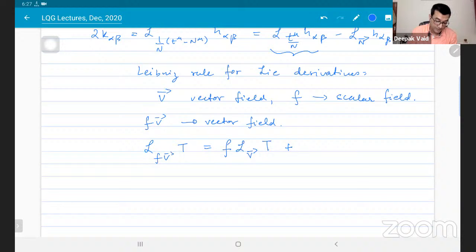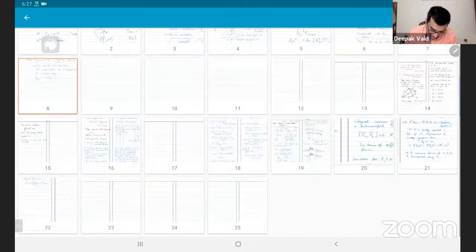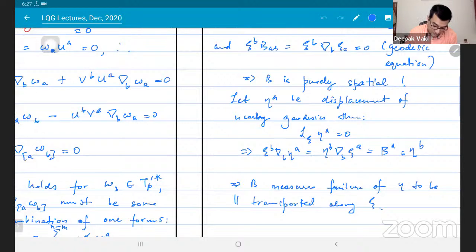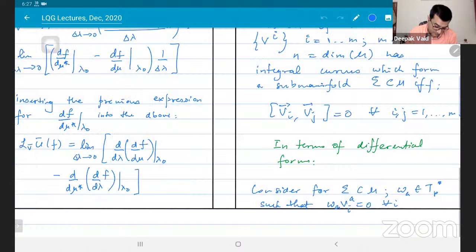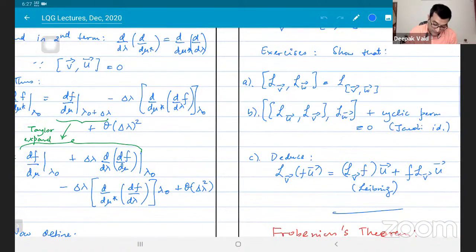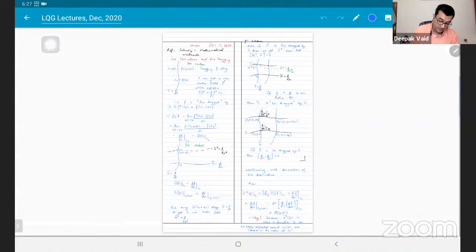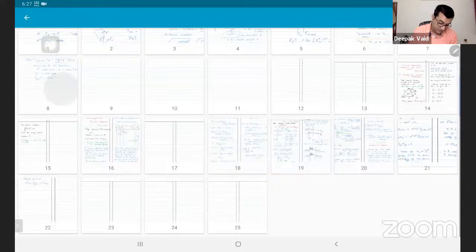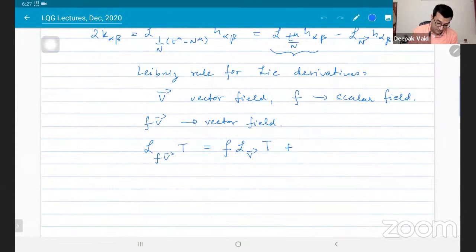What is it? Okay, just let me very quickly look up. I forgot the expression. Plus V times Lie derivative of, what am I doing?